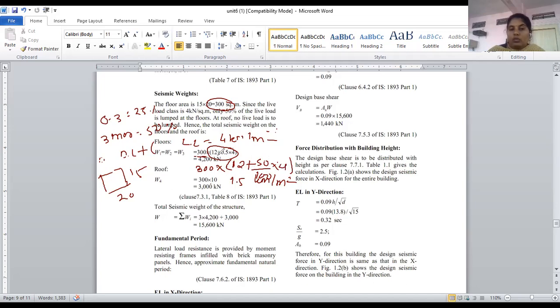So that will be 300 into 12 plus 50% of this 4. So the total is equal to 4200 kilonewton, that much seismic weight coming on each and every floor. I hope all of you have understood how this seismic weight is calculated for each and every floor.